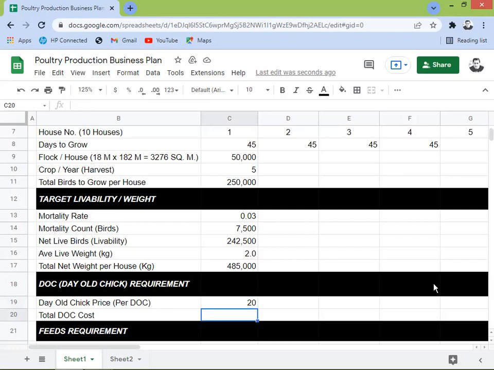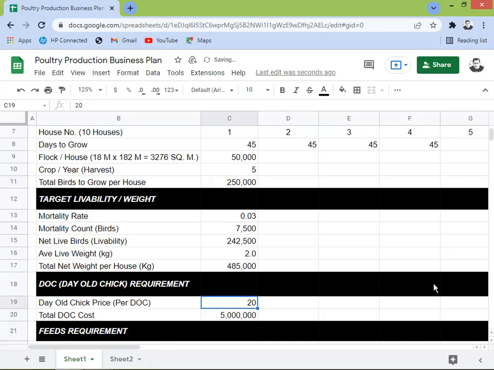All right. So the total DOC cost then would be, we're not going to use the net figure for our DOC, because we're planning for 250,000. Some of the birds die during the care of the contract grower, but there will be 250,000 that we plan as our inputs. Therefore, 250,000 DOC that we're going to buy, multiplied by the price per DOC.